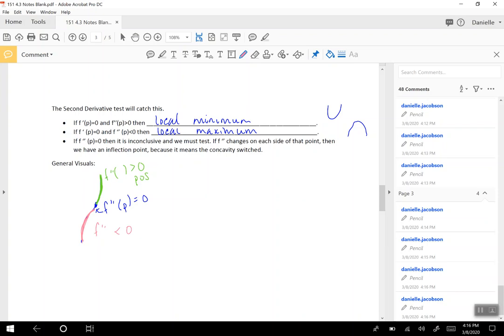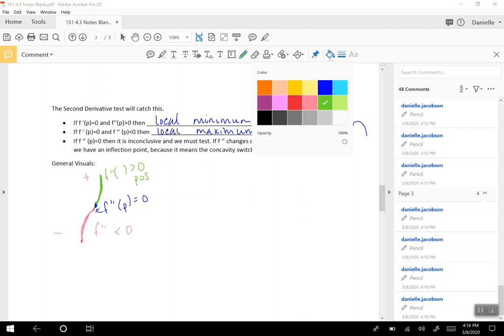Right, so the idea is if you get f double prime of p as 0, if the second derivative is positive on the right, it's going to be concave up, negative on the left, concave down, there is in fact a switch in concavity because it goes from negative to positive, so you know for sure that you have an inflection point, and this works vice versa as well.